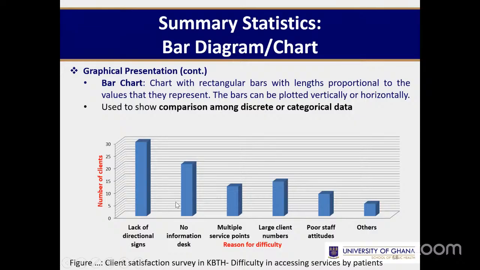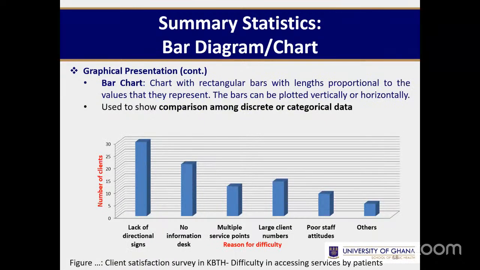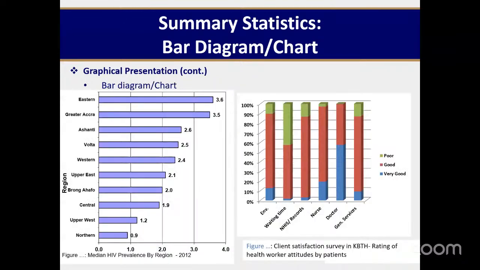However, with a bar chart, because it is categorical data and the attributes are nominal, it means that they are separated. And it can either be vertical or horizontal, as we do have it in here.